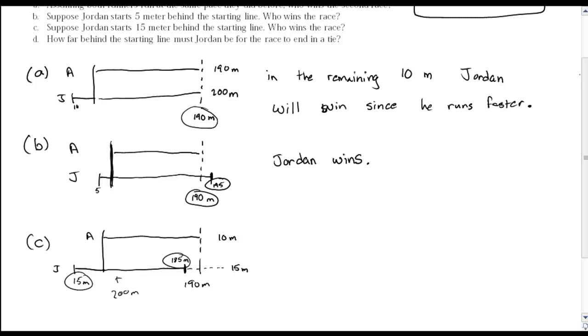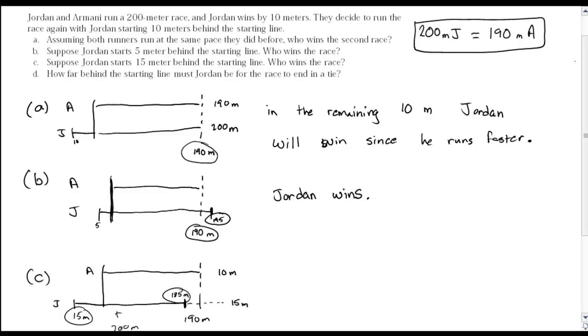So now we're going to do a little conversion type idea. Let's see here. Armani has to go 10 meters. Let's use our conversion factor. Well, 190 meters at Armani's rate is equal to 200 meters at Jordan's rate. So these cancel. And what do you get?